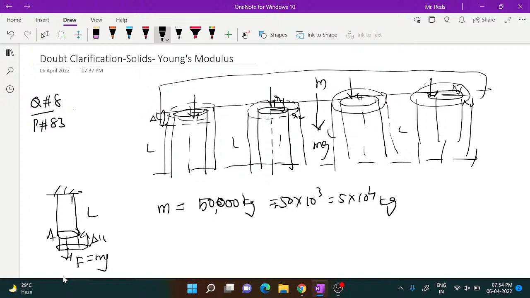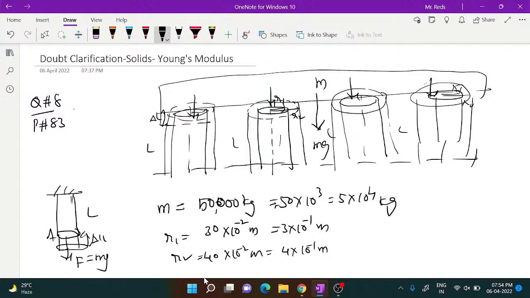The inner and outer radii of each column, let us take it as R1 and R2, are 30 centimeters, means 30 into 10 to the power minus 2 meters, equal to 3 into 10 to the power minus 1 meter. This is 40 centimeters. So 40 into 10 to the power minus 2 meters equal to 4 into 10 to the power minus 1 meters. Inner and outer radii R1, R2.